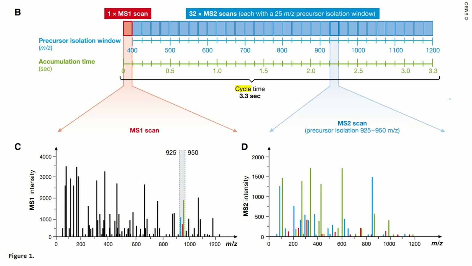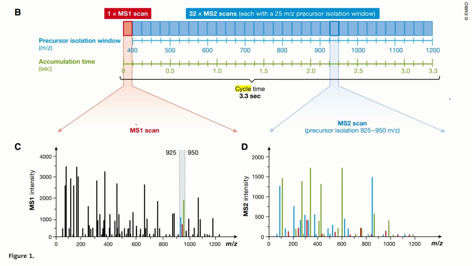Now moving on to the next slide. This picture is from the SWATH-MS paper, which you can find in the journal Molecular Systems Biology. This was the original paper. I'll leave a link.